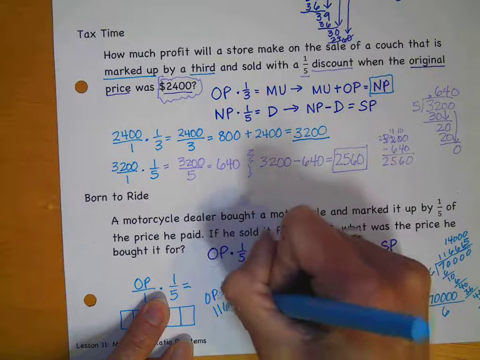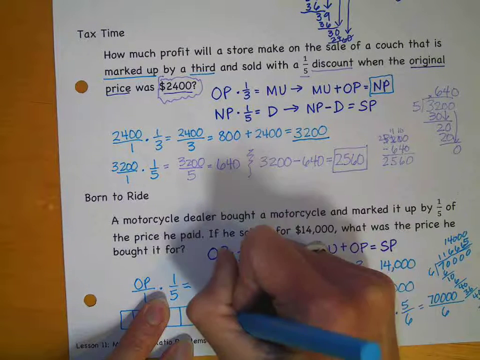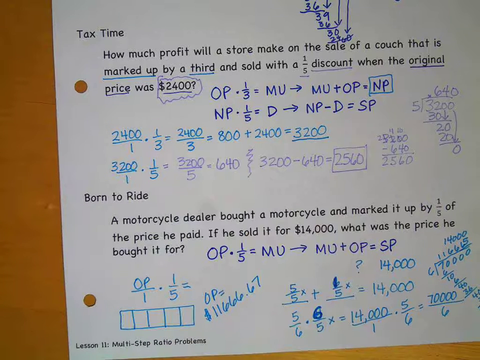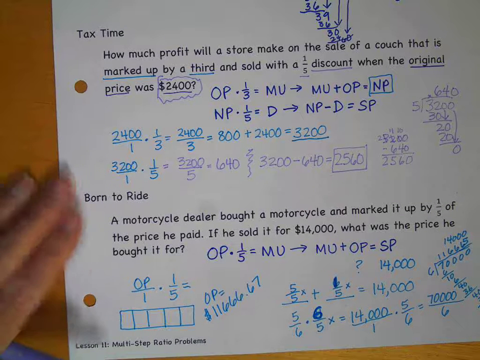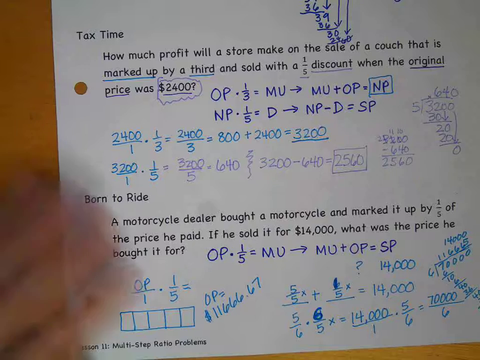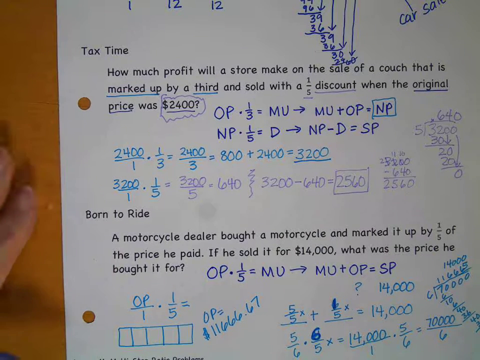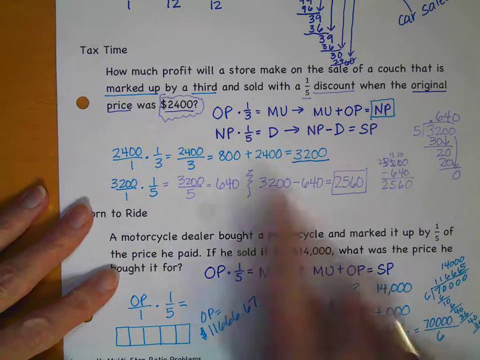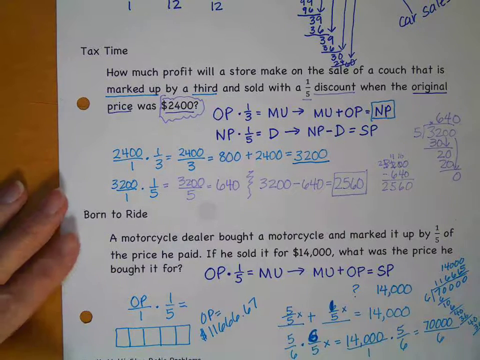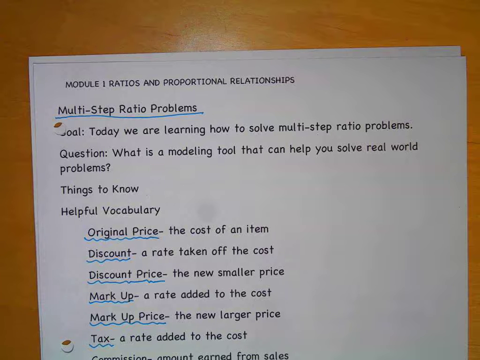So the original price equals $11,666.67. Okay, that's what that means. That's how much he bought it for, $11,666.67. Phew! So the moral of the story, or the lesson, is to set up the equations using the vocabulary words that you learned.